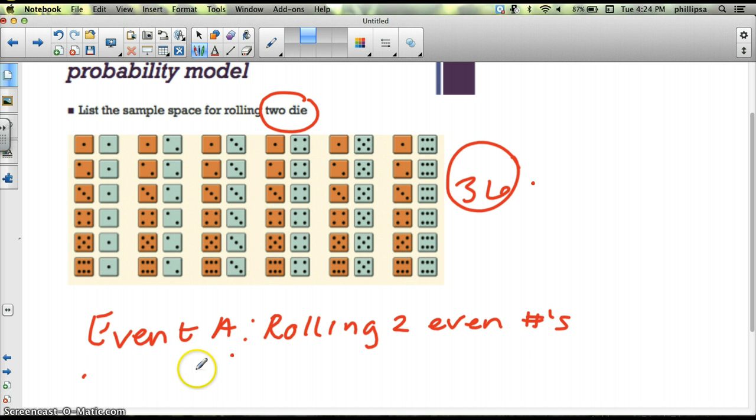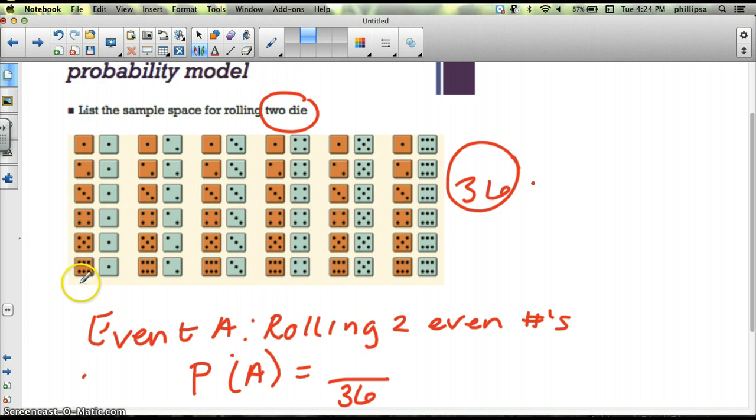If I ask you what the probability of rolling A would be, we know that probability has to be your favorable outcomes, or the outcomes corresponding to the event, over the total. So the total here is 36. Let's find where both are evens.